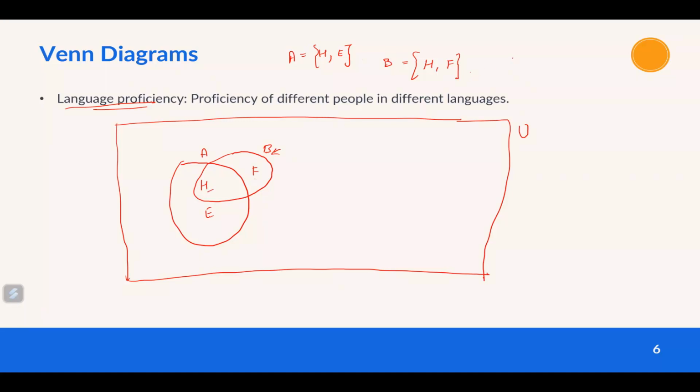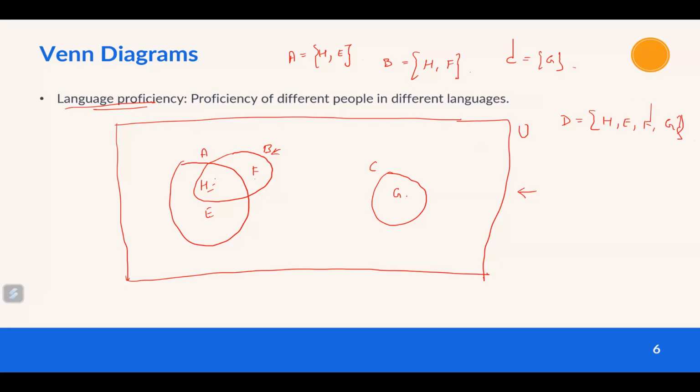Now we have a person C who only speaks, suppose, German. So German will be outside this set. So it will be here. So he speaks only German. In this way we can make a Venn diagram which represents different sets. Suppose there is a person D, and he speaks Hindi, English, French, and German, right?